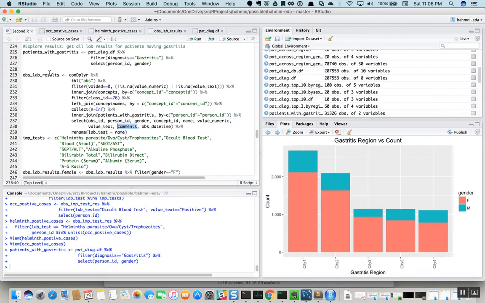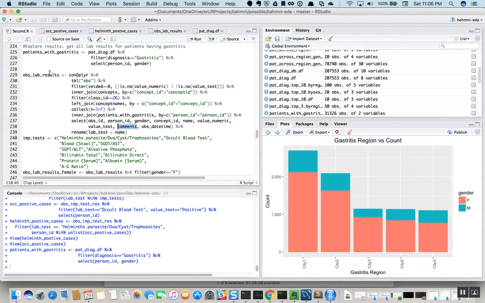So what is the time frame for which we should look for the results for those patients who have been reported with gastritis? That is something we need to closely understand from a domain perspective and take a call.